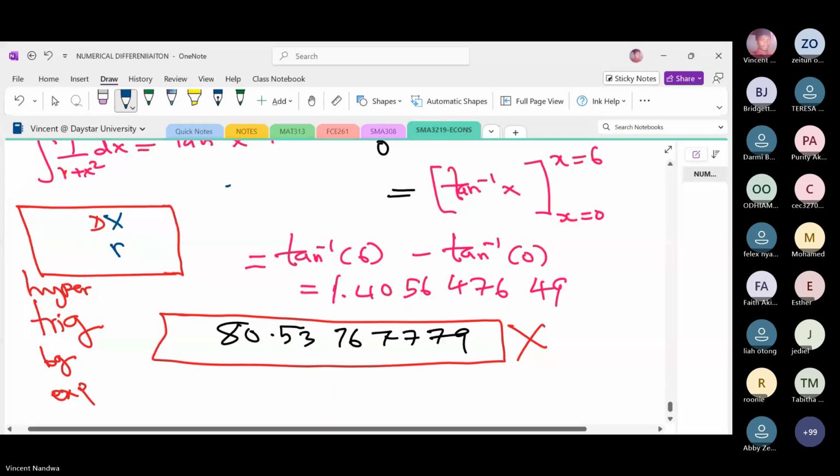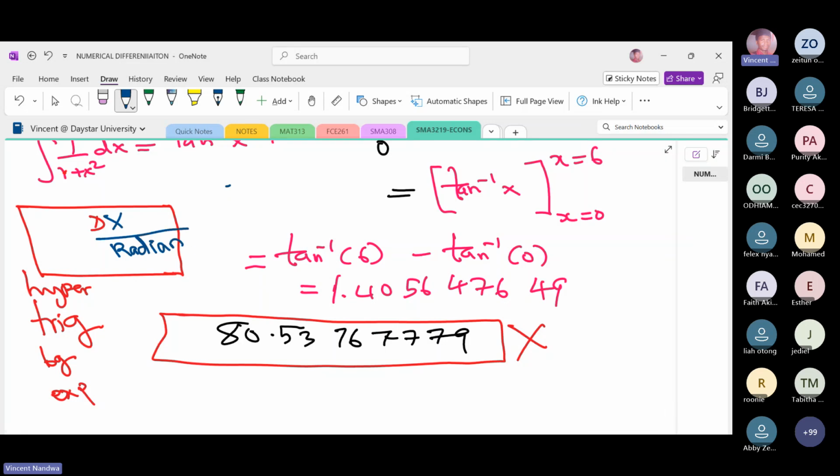So getting 80.53 is a genuine mistake that is likely to be committed, but don't commit it next time. It is because you are calculating in the wrong mode.